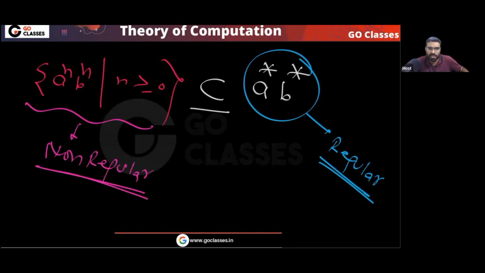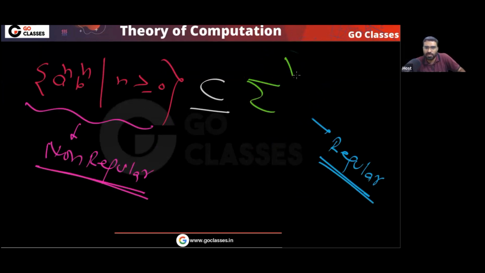So can you notice that this is a regular language, and a subset of it is this, which is non-regular. So a subset of a regular language may or may not be regular. Correct? For example, you can also take sigma star.